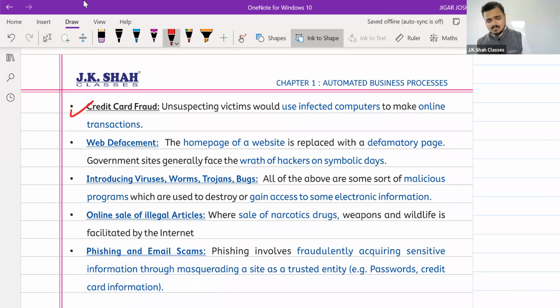Third one, the major thing which happens, is credit card fraud. Just to get that 100 rupees, 200 rupees cashback, people are sharing their credit card details with everyone. No, sir, not like that. Listen, your account is known by Google Pay, PhonePe, Paytm, MobiKwik, recharge services.